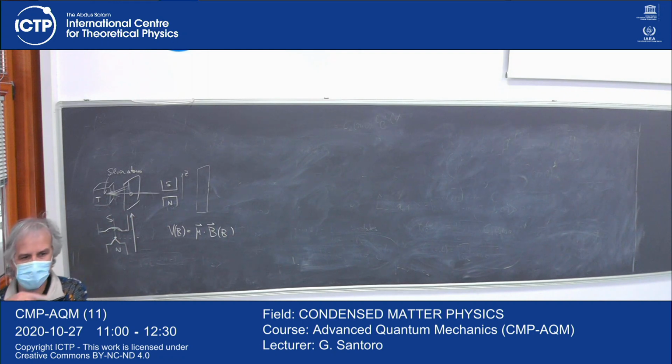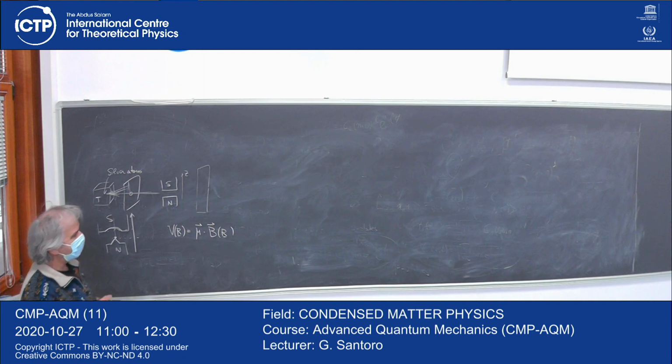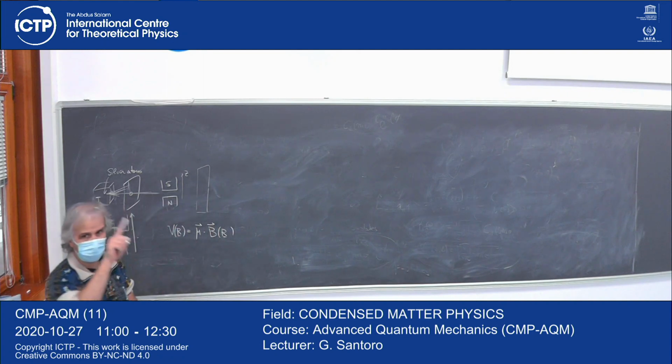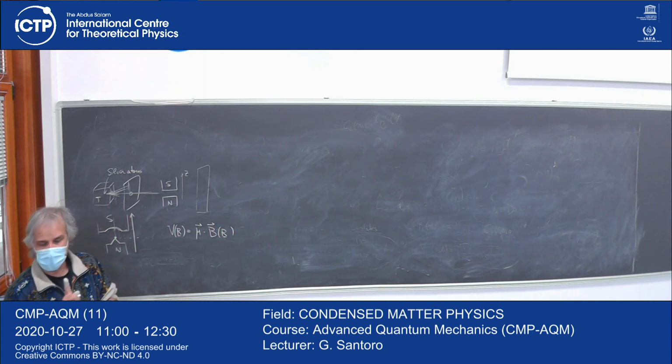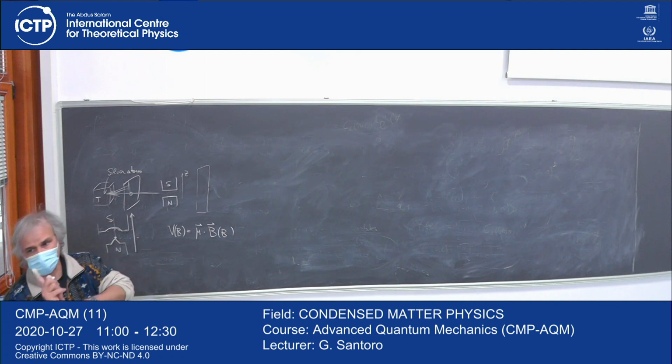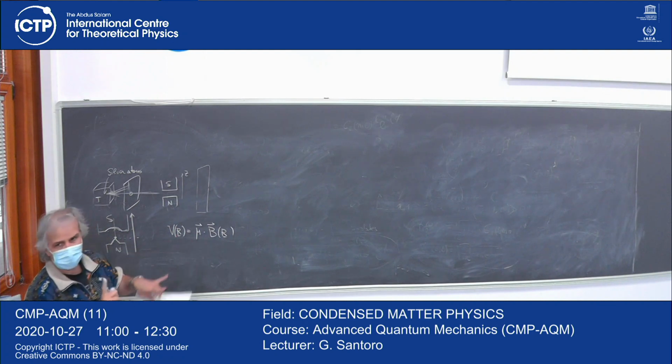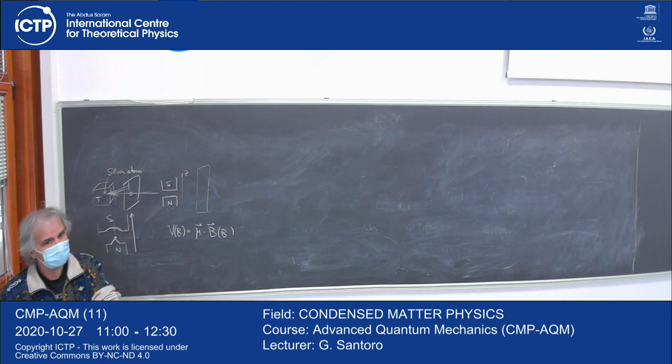A moment tries to align with the field, right? Now, if the field doesn't depend on R, it's true that the moment would like to align, but the potential is totally independent of the position.